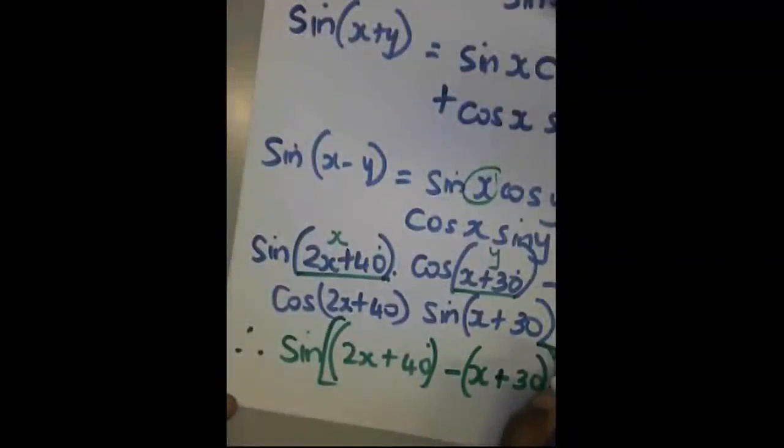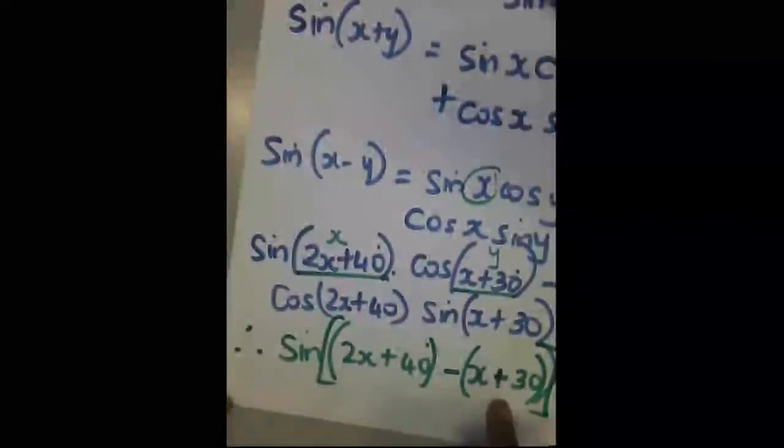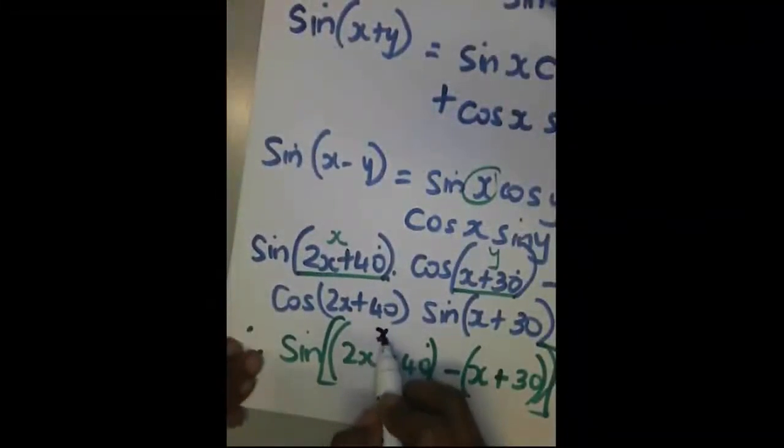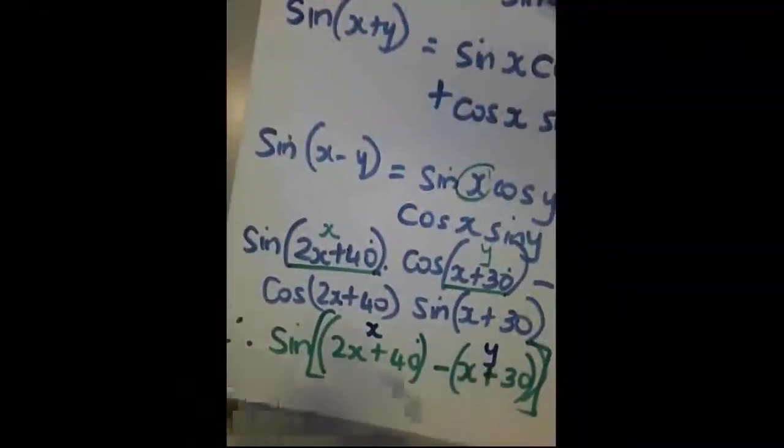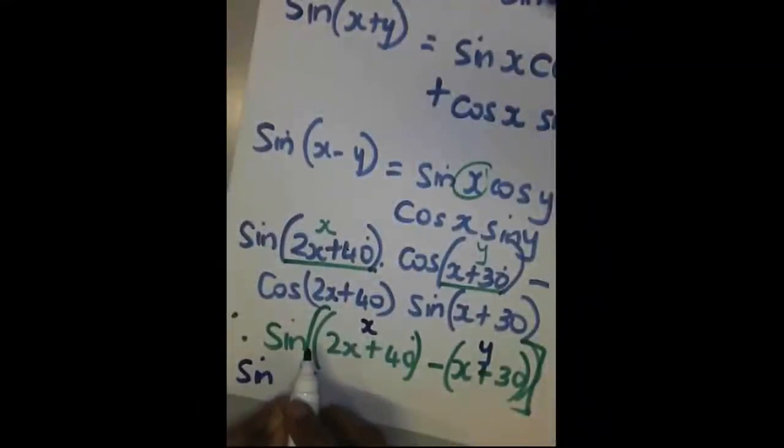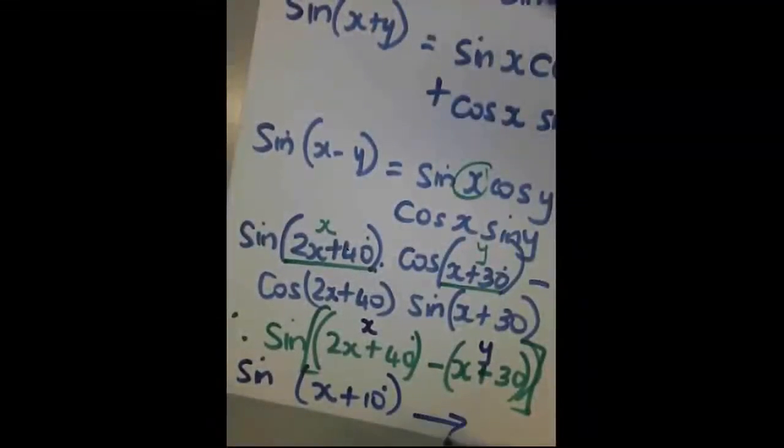So there's my x, there's my y. So if I simplify, ladies and gentlemen, then this just becomes sine of what? 2x minus x gives me x. 40 minus 30 gives me plus 10 degrees. And there is my expansion written the way that they wanted, in one term.